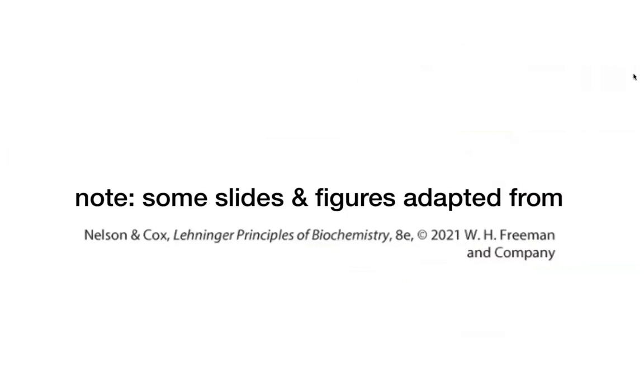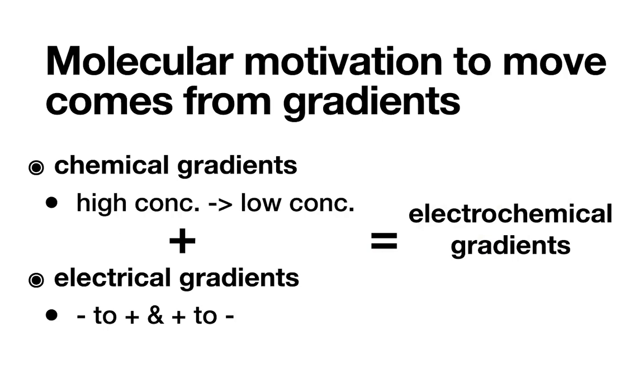Molecules want to move along their electrochemical gradient. That's their motivation. They move from where their concentration is high to where their concentration is low, thanks to simple diffusion and random movement. And they're going to move towards a charge that is opposite to them, if applicable. And so we have this combination of our chemical and electrical gradients, our electrochemical gradients.